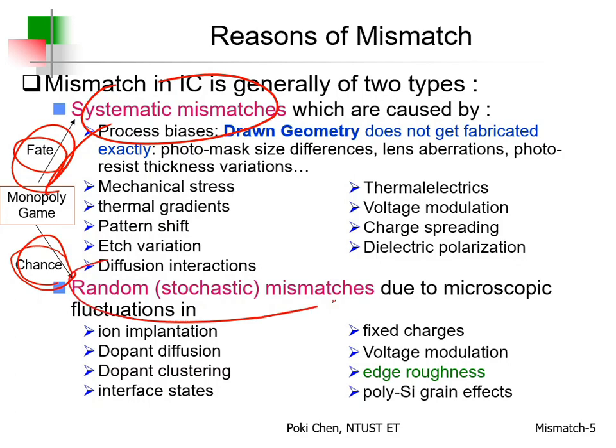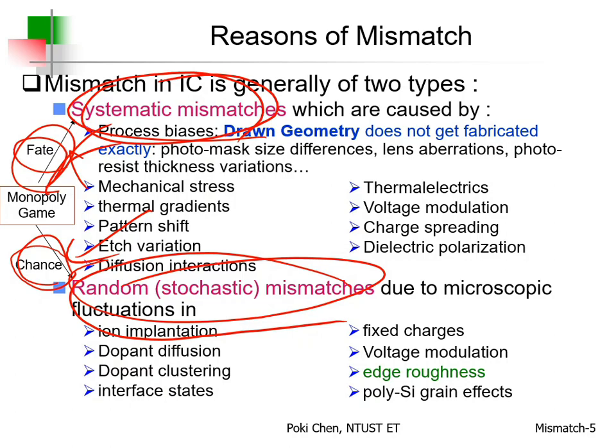It looks like random mismatch. If you would like to play Monopoly game, then you need to face both the fate and the chance, right? Similarly, if you would like to design your chips, you need to play with semiconductor industry, then you need to face both systematic mismatch and random mismatch. You need to play with both. You need to deal with both. 你只要玩半导体，你就得面对系统性还有随机性的那个误配。That's it.